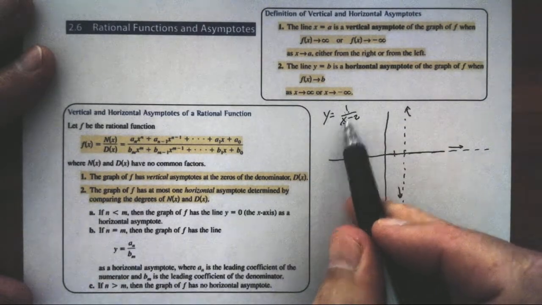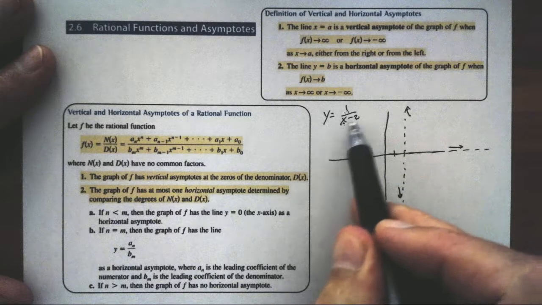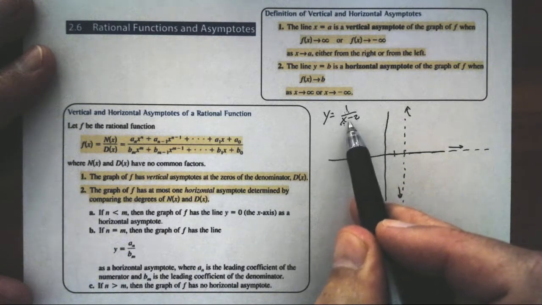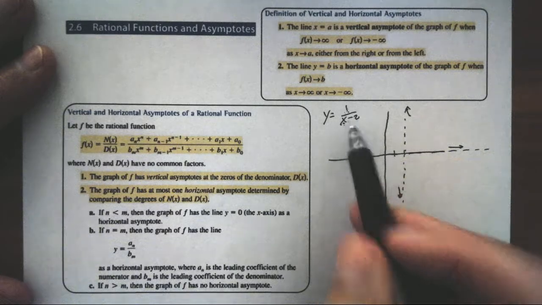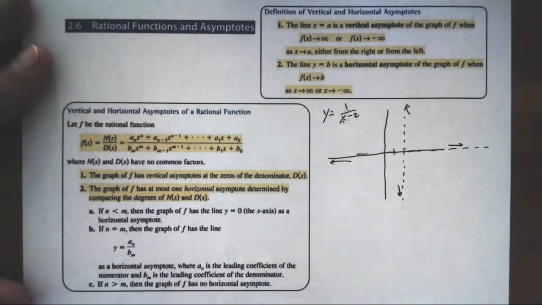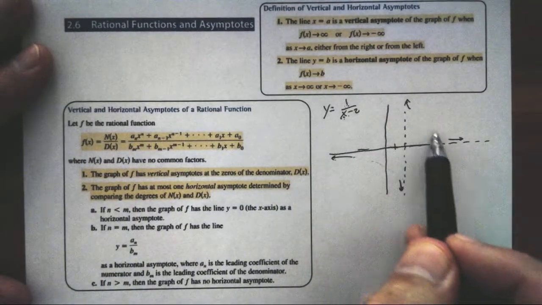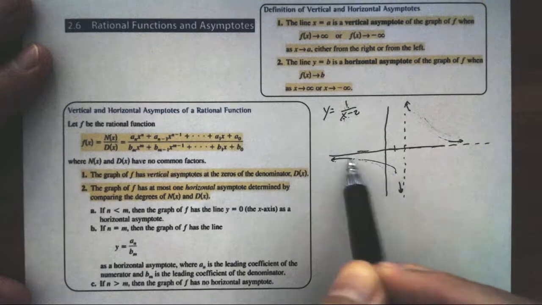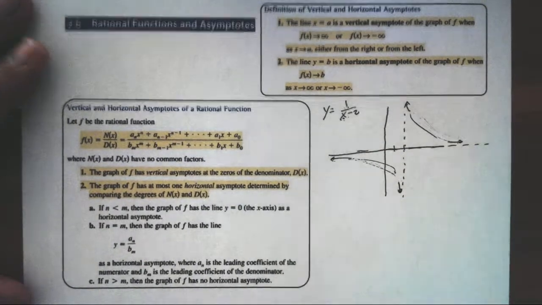If I put in a huge negative, I get 1 over a huge negative number, which is trying to be 0, but it's positive divided by negative, so we're approaching in this manner. That gives us some guidelines for what our graph might end up looking like, something in that ballpark.